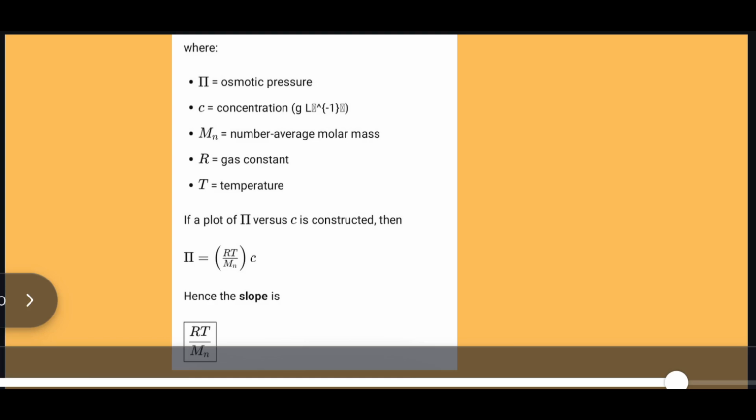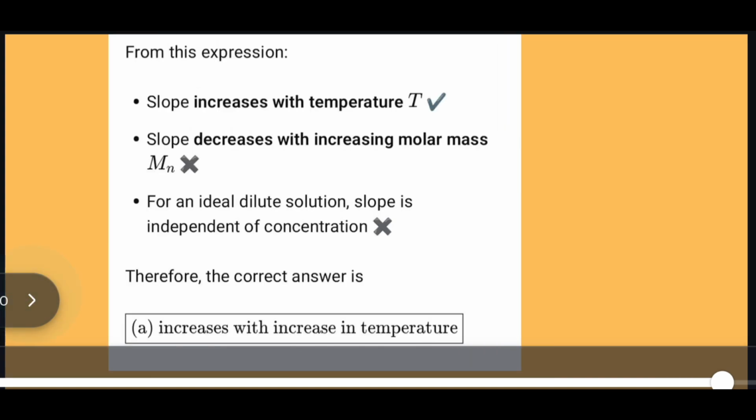Here pi is equal to osmotic pressure, C is concentration in gram per liter, and Mn is equal to number average molar mass, R is equal to gas constant, T is equal to temperature. If a plot of pi versus C is constructed, then pi is equal to RT by Mn into C, as the slope is RT by Mn.